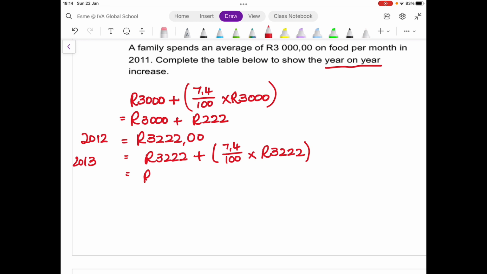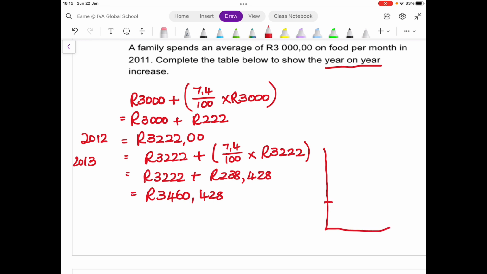So now you've got 3,222 plus 238,428. Remember, we only round off right at the end. So if I add those together, I will now have 3,460,428. And remember, last year we looked at the compound interest formula, what it does in a graph.